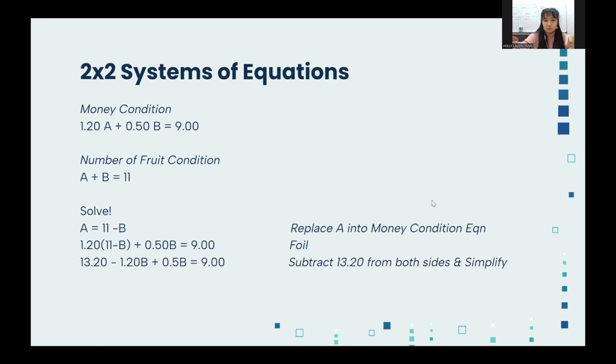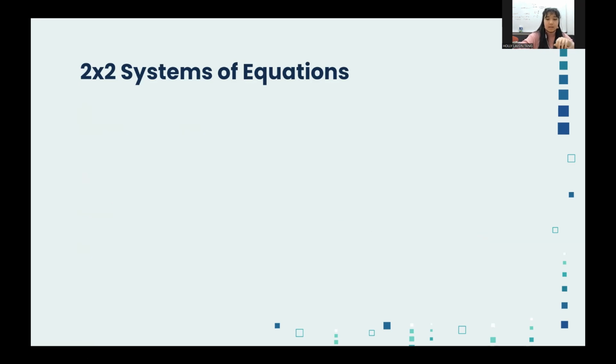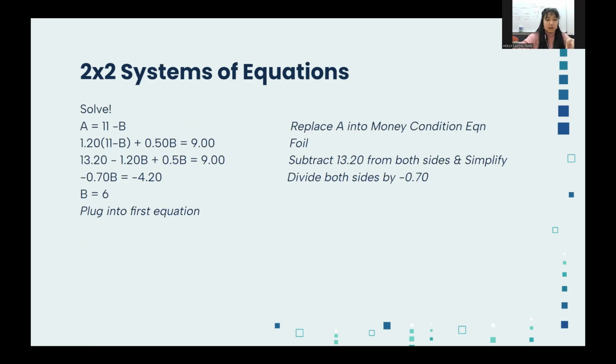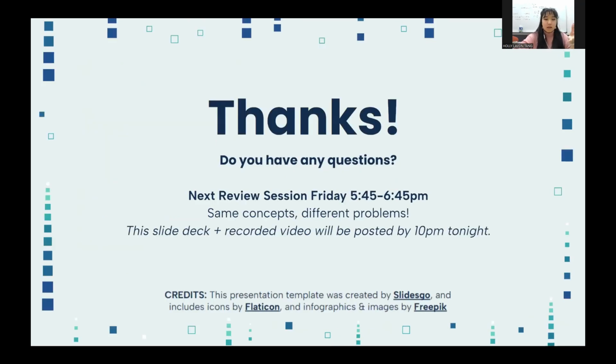I FOIL it through, and then I subtract the 1320 from both sides, divide both sides to get my B, or my number of bananas. And then continuing off of that, you can go ahead and plug your B into the first equation, and then that solves for the number of apples. I should get 5 apples and 6 bananas to meet my 2 conditions. I did that really quickly, but hopefully that is familiar.